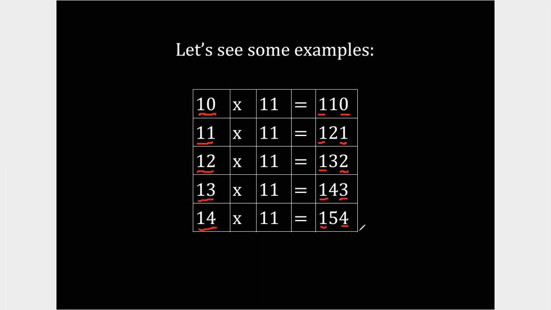So we know that the first digit of the answer is going to be the first digit of the number that's multiplied by 11, and the last digit of the answer is going to be the last digit of the number multiplied by 11.